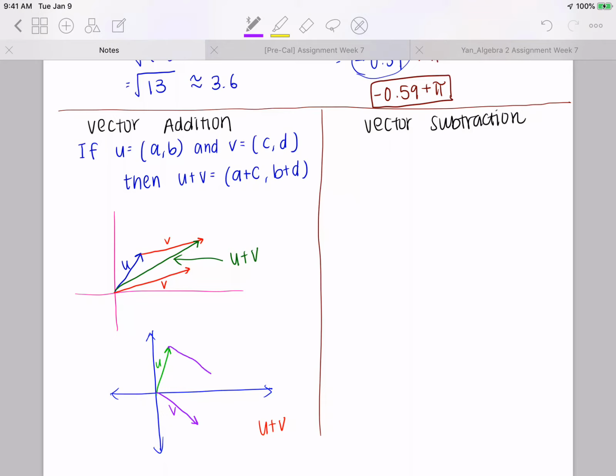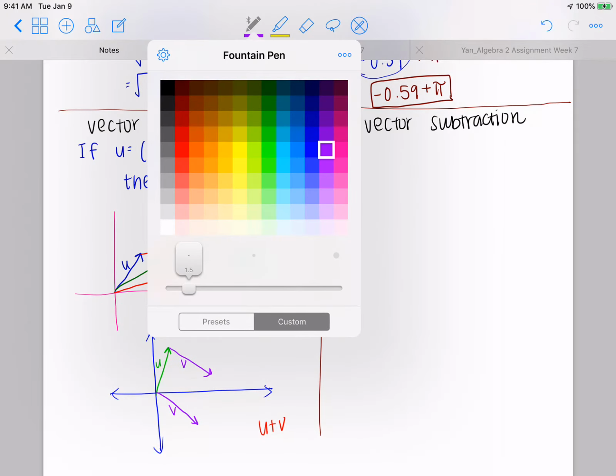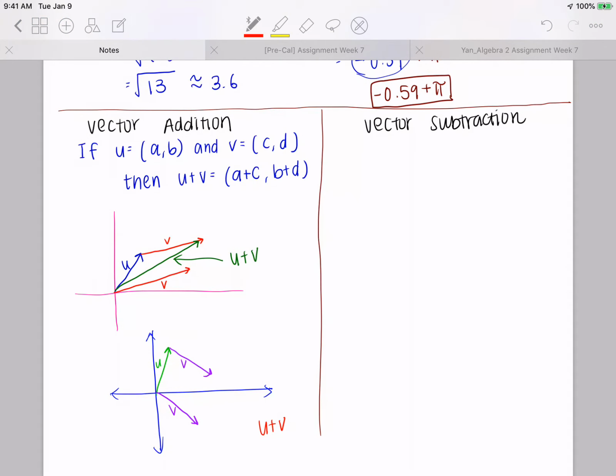And you just redraw that. Hold on. Okay, almost. So I redraw my v to be placed at the arrow of u, and then u plus v would be from the beginning of u to the arrow of v. That would be u plus v. Okay, so that's vector addition.